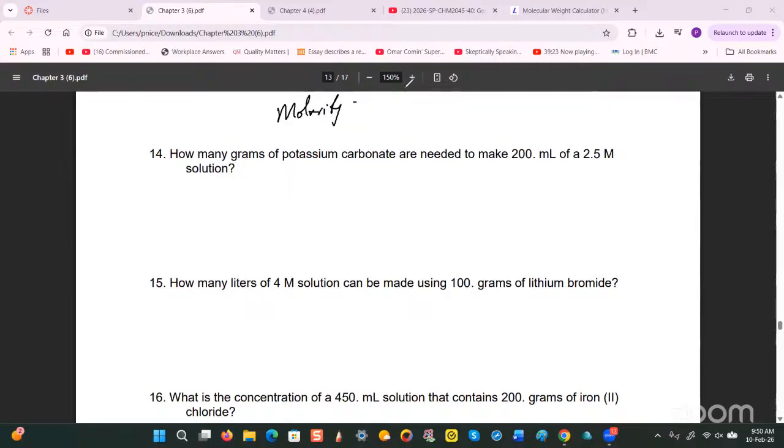Molarity, by definition, is the moles of solute divided by liters of solution, right? It's the moles of solute divided by the liters of solution, okay?